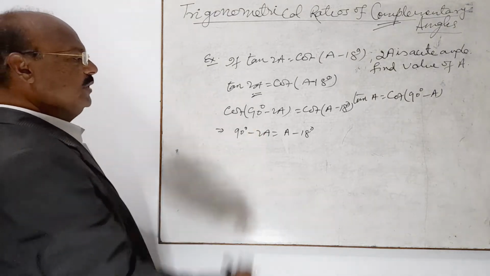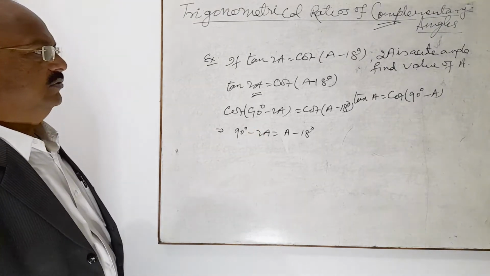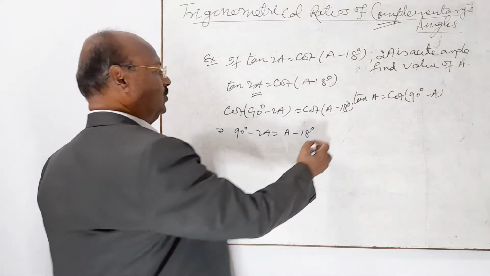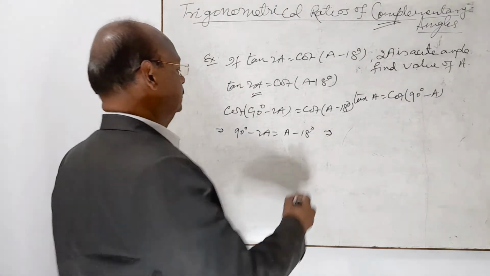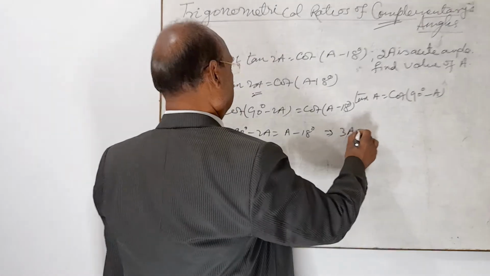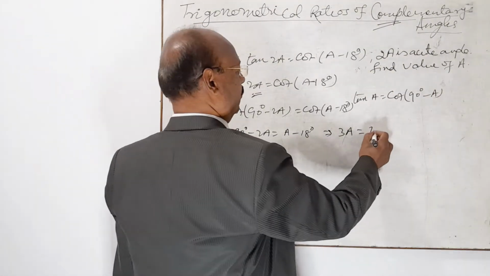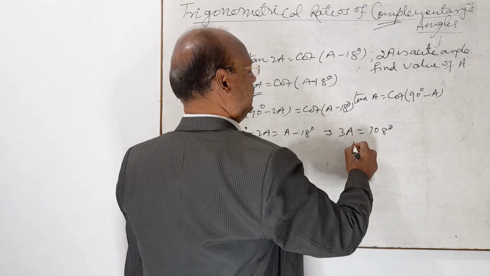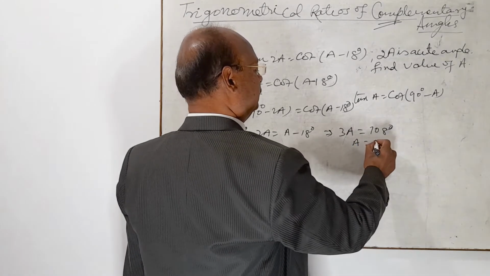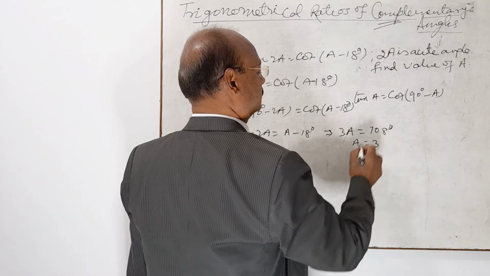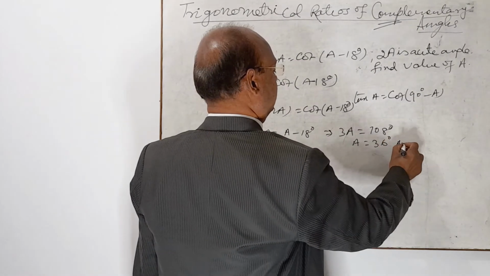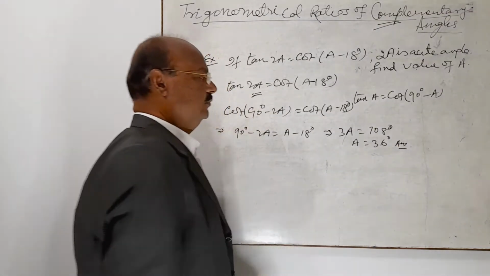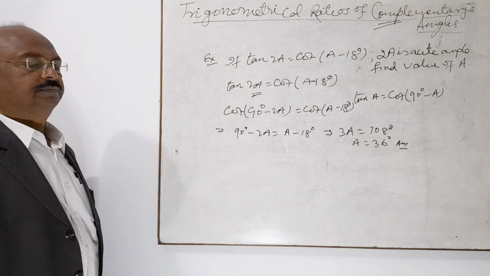So finally, you can get the value of a very easily. Therefore, 3a is equal to 108 degree and a is equal to 36 degree. This is the answer. Correct?